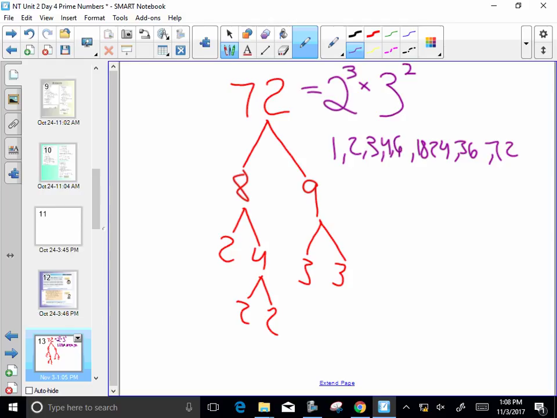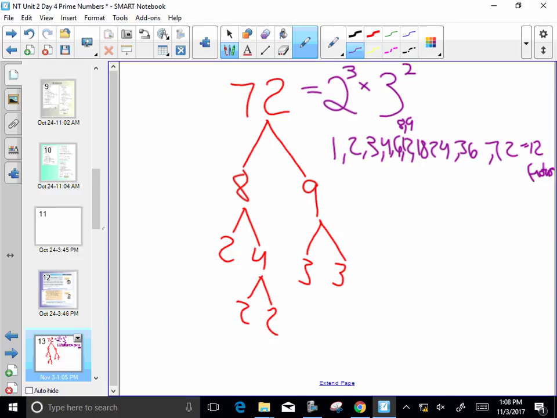What's that? 12. And anything else? There's one we haven't listed yet. 8 and 9. Yeah, 8 and 9. So if you list these, you have 1, 2, 3, 4, 5, 6, 7, 8, 9, 10, 11, 12. There's a total of 12 factors, including 1 and 72.